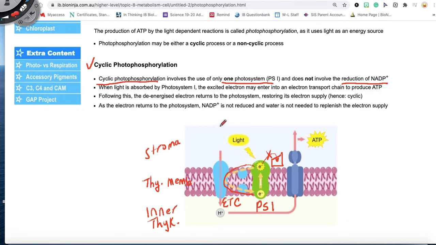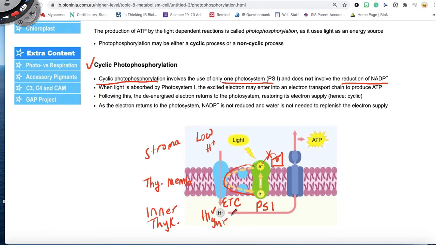When the electron moves down this electron transfer chain, it is going to release some of its energy, and some of that energy is going to be used to pump these hydrogens from areas of low concentration to areas of high concentration. Okay, so here's the hydrogen that gets pumped in using the energy from the electron transfer chain.